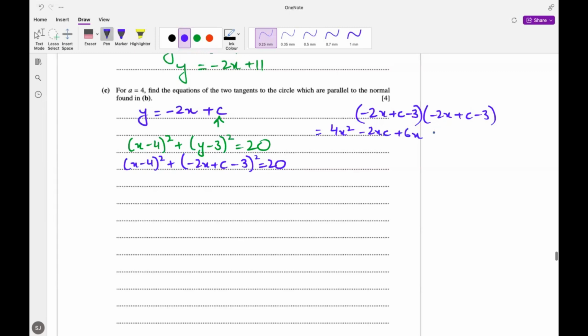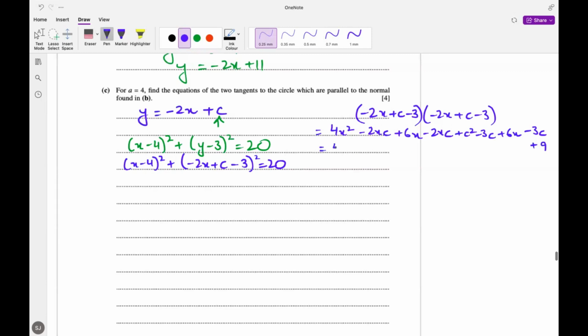Then multiplying c by -2x, we'll get a minus 2xc. c multiplied by c will become a plus c squared. And then c into -3 will become a minus 3c. Then multiplying -3 by -2x, we'll get a plus 6x. Then multiplying -3 by plus c, we'll get a minus 3c. And then -3 times -3 will become a plus 9.